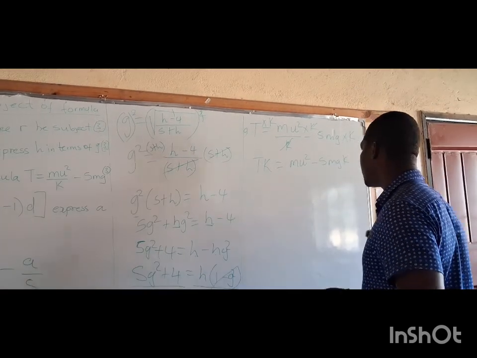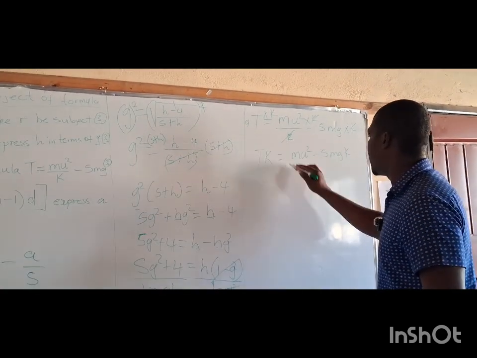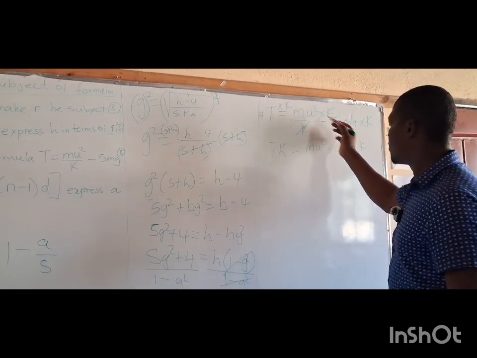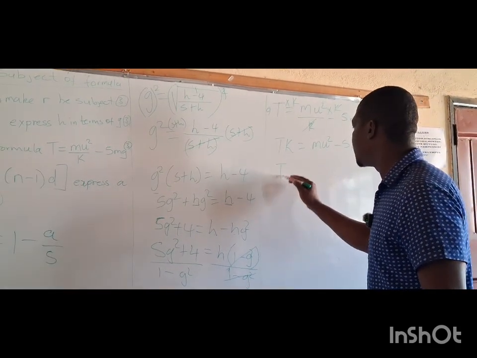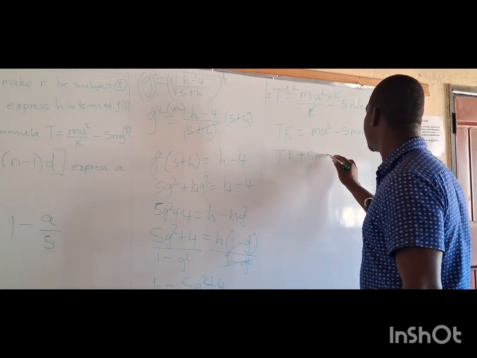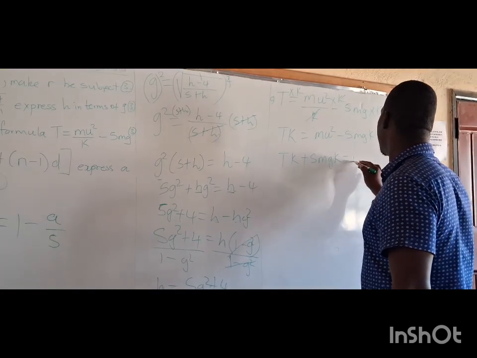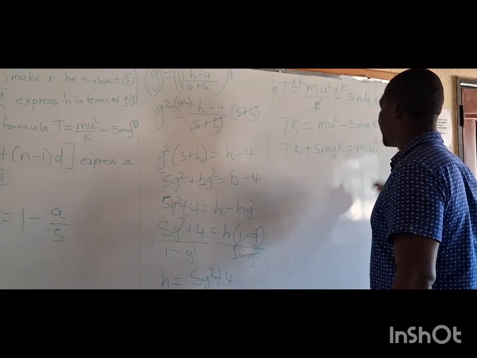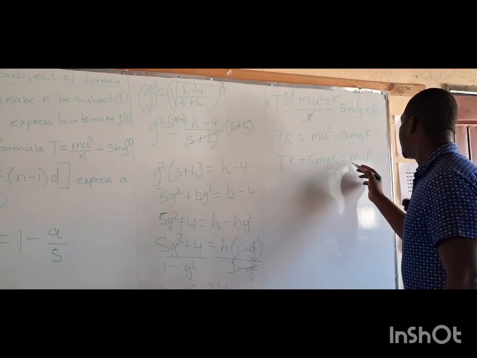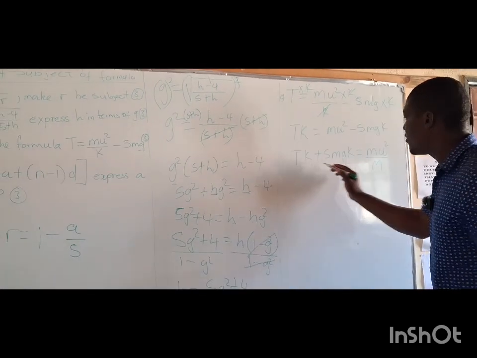You can see that u is here. So this one will go on that side. We are having tk plus 5mgk is equal to mu squared. We want u to be the subject. We divide both sides by m.